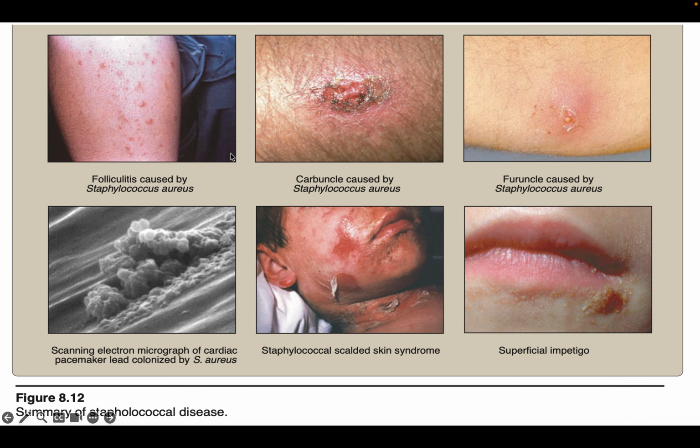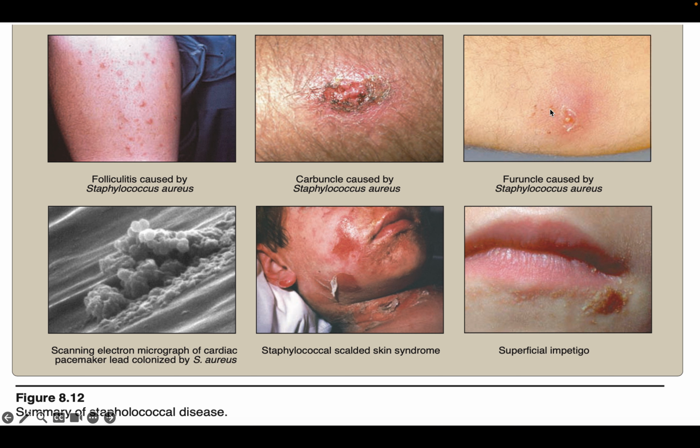These are some patterns of diseases caused by Staphylococcus aureus. This is folliculitis of a leg, and this is a carbuncle on a hand.